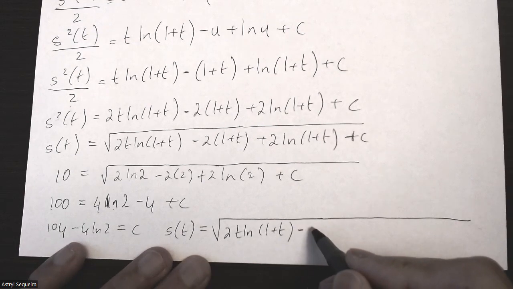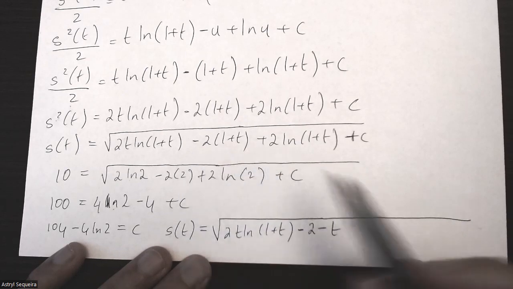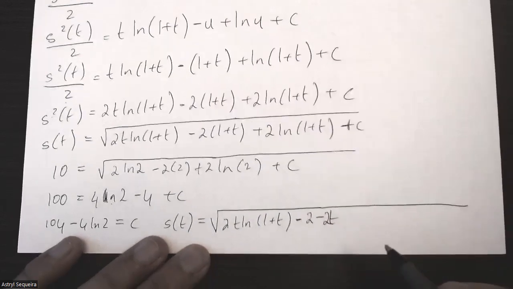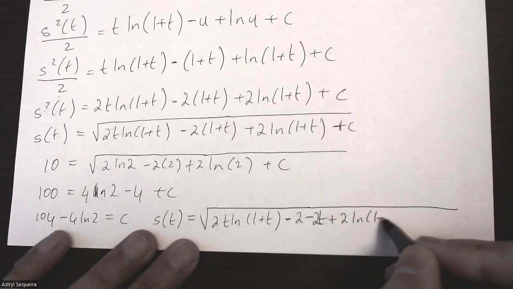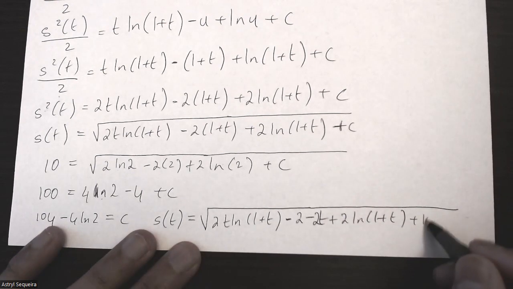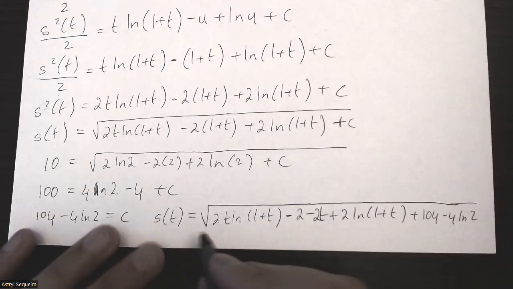So minus 2 minus 2t. Just expanded that negative 2 into the bracket. It should be a minus 2t. Plus 2 ln(1 plus t). And then plus c, which is 104 minus 4 ln 2. Final step, I can just combine this negative 2 and this 104.